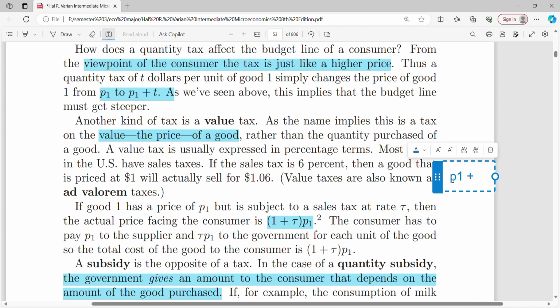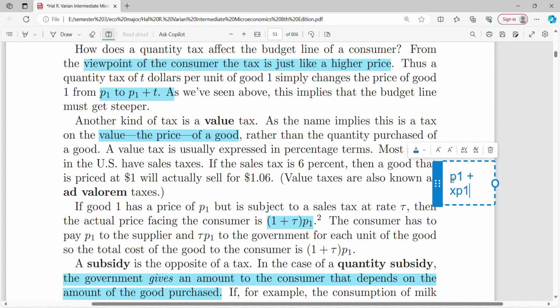Maybe we can denote this tau as x for the time being because we do not have this tau symbol on the PC keyboard. So x P1 can be any percent, right? It might be 2%. For example, we can consider the good as a cloth priced at 100 rupees, and as part of value tax the consumer needs to pay 2% value tax.